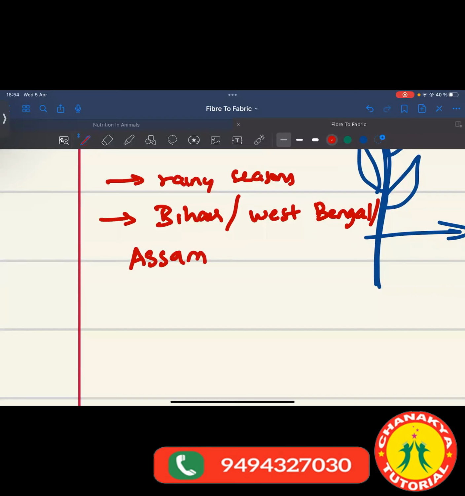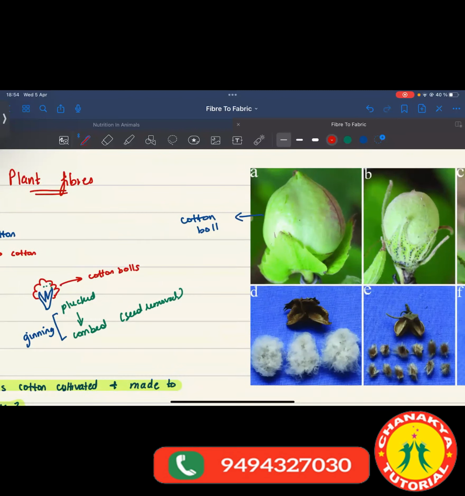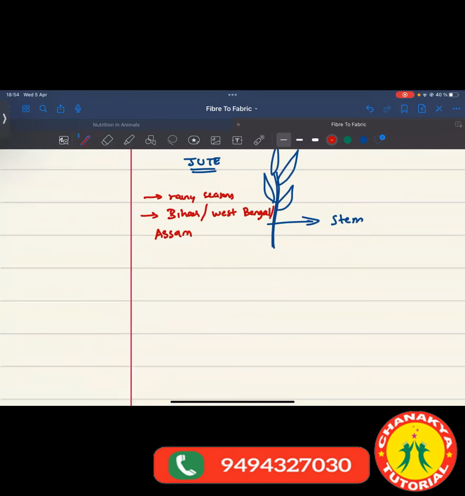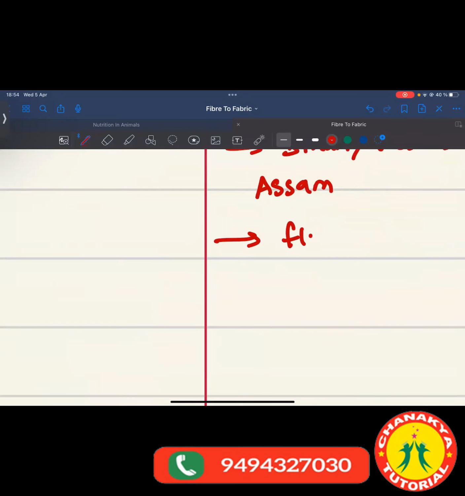So these are the regions where you can see in India the jute is being cultivated. Normally they are harvested when it is in the flowering stage. Here you can see it is harvested after the fruiting stage. So here it is harvested during the flowering stage.